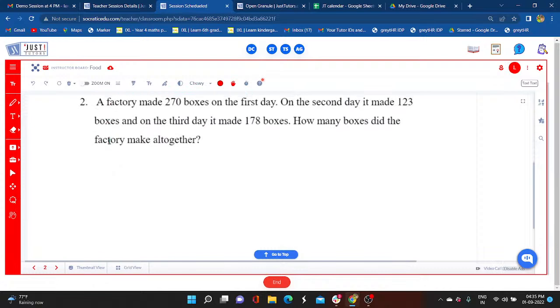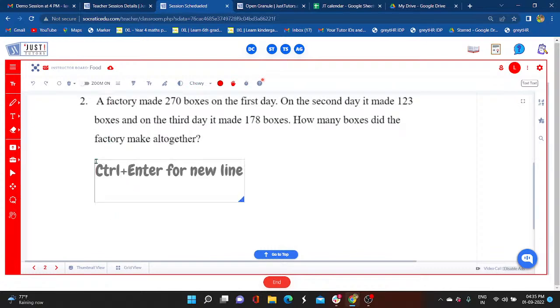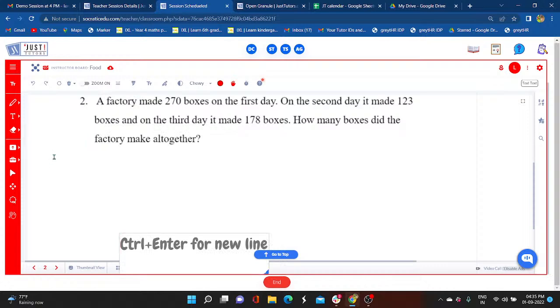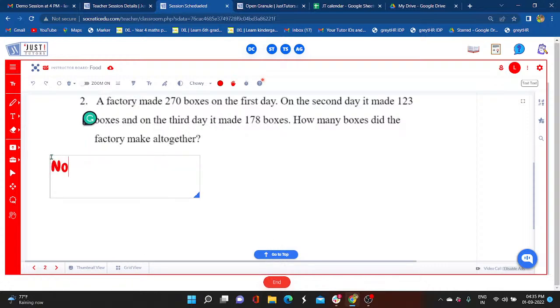Okay, so a factory made 270 boxes on the first day. So we can write number of boxes made on the first day.